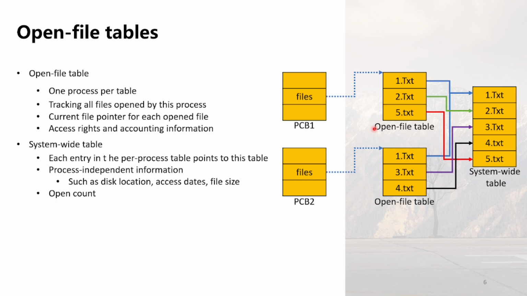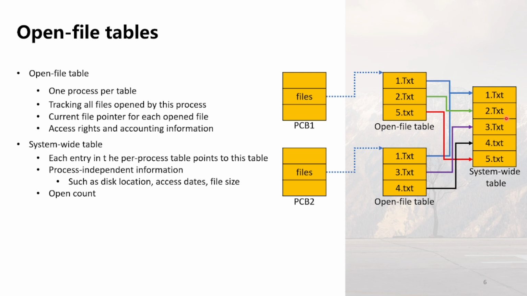The open file table is a per-process table that tracks all files opened by a specific process. It maintains and keeps track of the current position within each opened file for the next read or write operation. It also stores access rights and accounting information for the file in the context of that process.